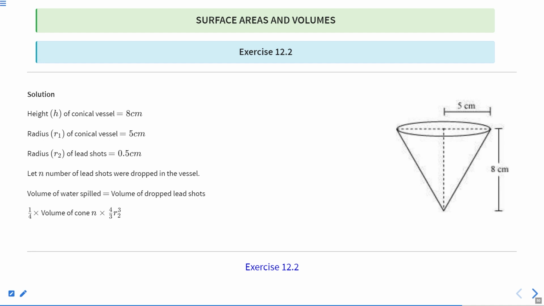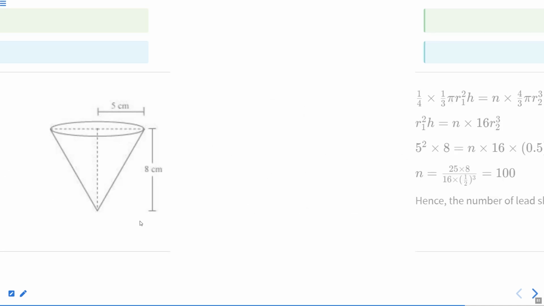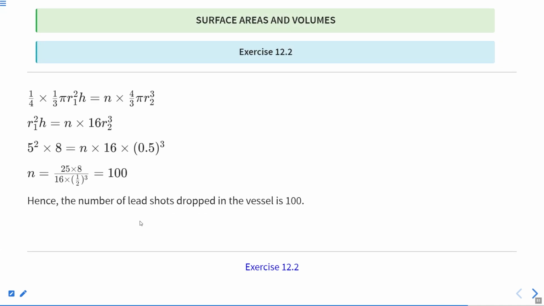Now, volume of water spilled is equal to volume of dropped lead shots. This is 1/4 times volume of cone equals n times 4/3 pi r2 cube. So this implies 1/4 times 1/3 pi r1 square h is equal to n times 4/3 pi r2 cube.